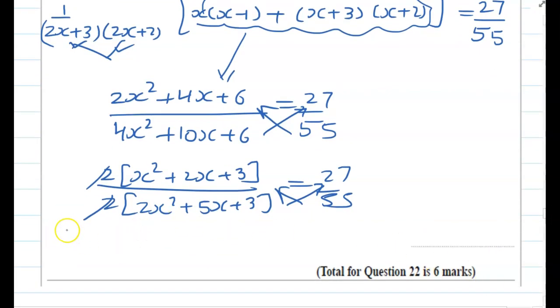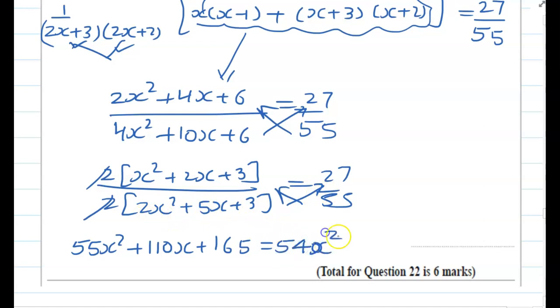Once we cross multiply, it will be 55 times, 55x square plus 110x plus 165, and 27 times 2 is 54x square plus 135x plus 81.